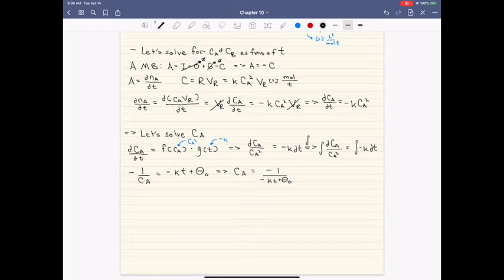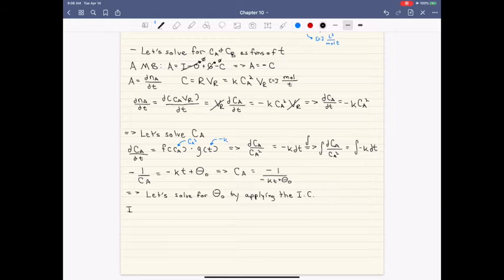To figure out what our theta naught constant is, we're going to apply the initial condition for Ca. So let's solve for theta naught by applying the IC.